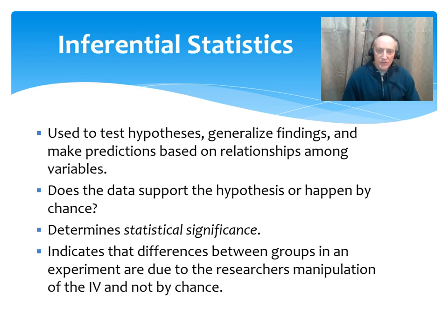So inferential statistics tell us, did these results that we get happen by chance, or did they happen because of what we hypothesized was going to happen? Did they happen because of our manipulation of the independent variable and not simply by chance?